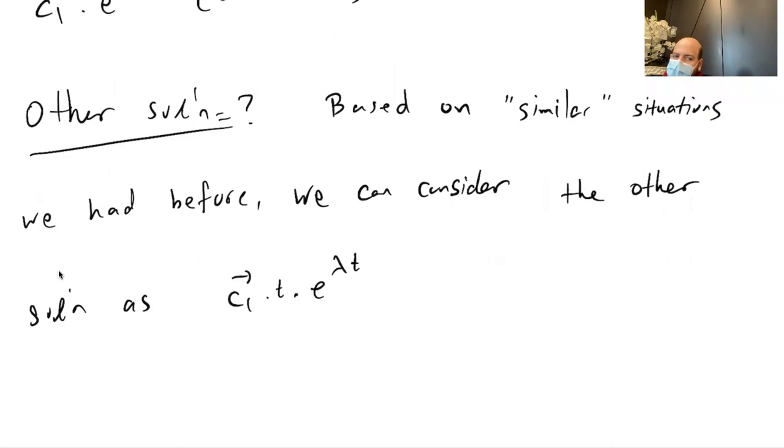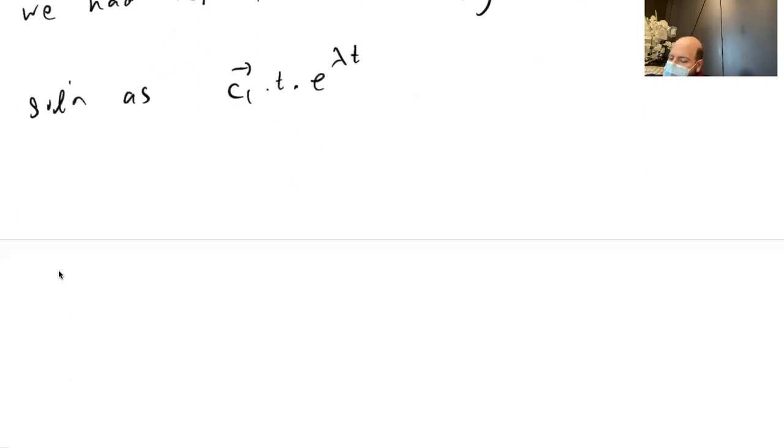If you say we can try, it's because previously we saw that if you have a repeated root, let's say 5 is a repeated root, so e to the power 5t is one solution, then t times e to the power 5t could be the other solution. So let's see whether this works.